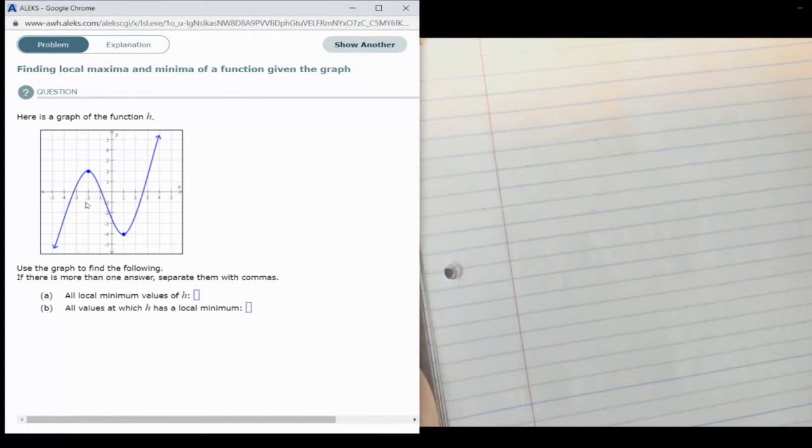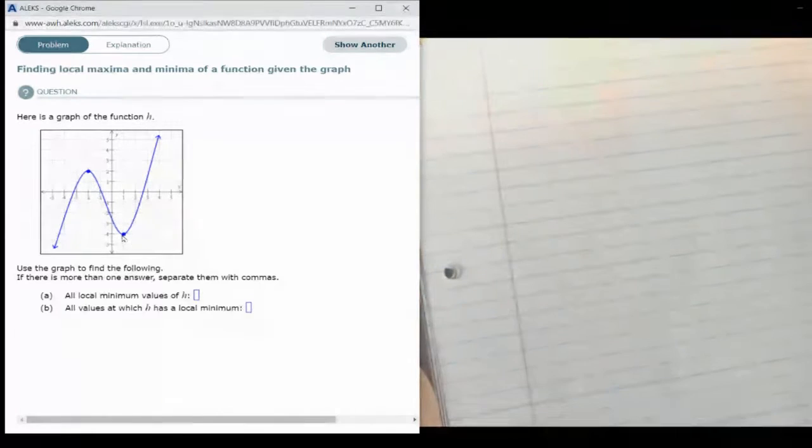And so that's what they're calling the max. And this one wanted the min. So this is a low value. It's a local min or relative min because it's not the lowest point. If this line didn't keep going down, this would be an absolute min. But right now it's only a min.